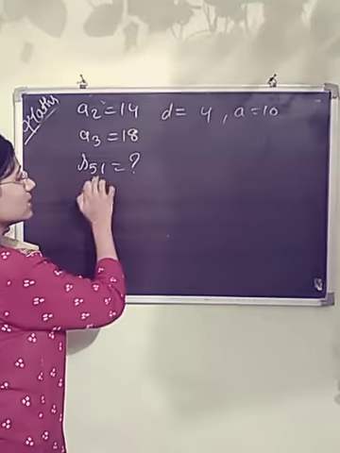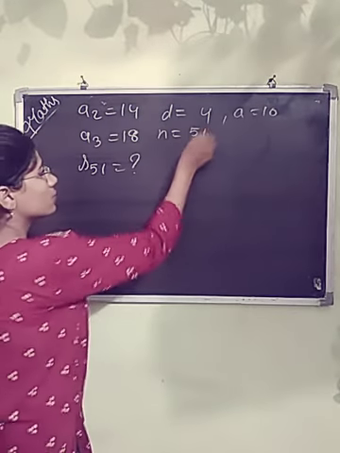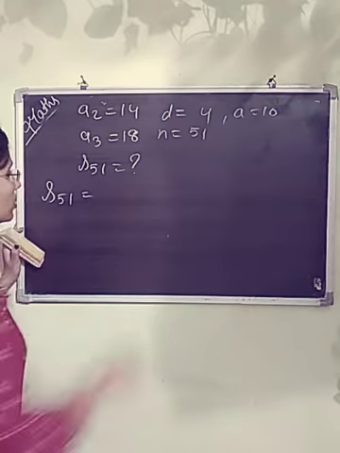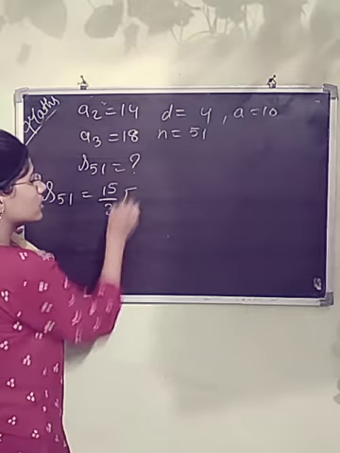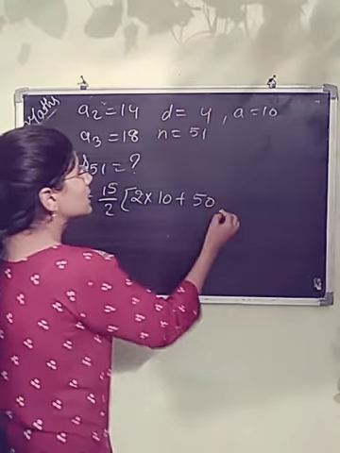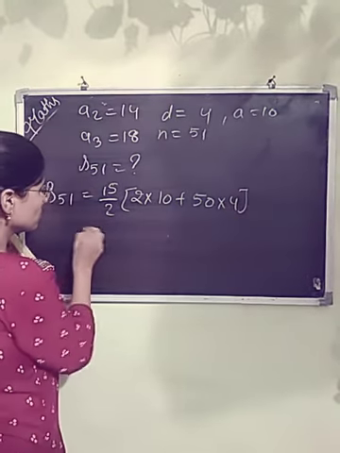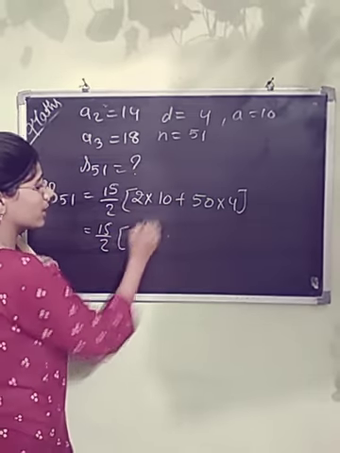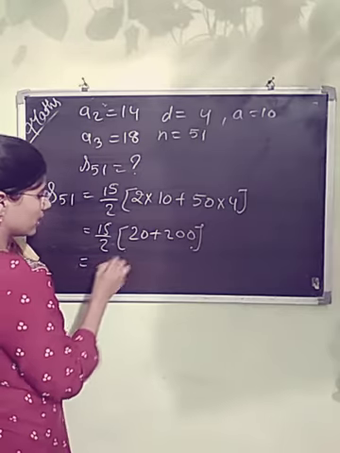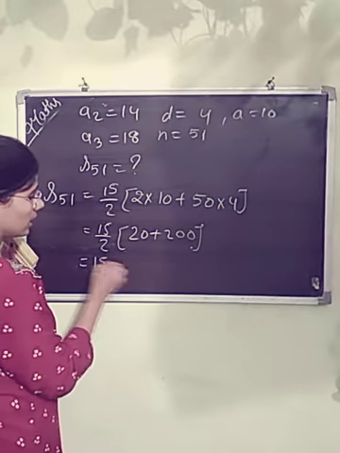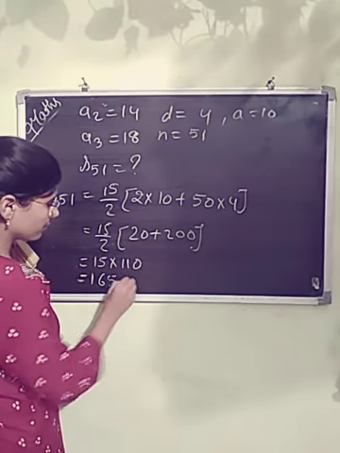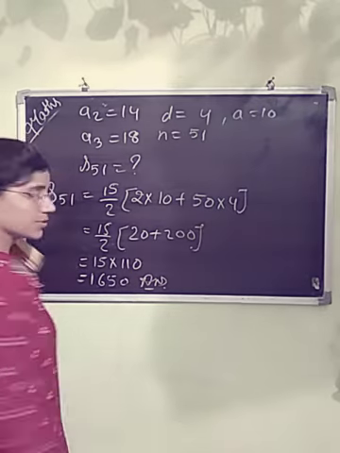Because as it is in hidden form, N equals to 51, so we can now directly use the formula S51 equals to 51 by 2 in the bracket, 2 into A which is 10 plus N minus 1, that means 50, and D is 4. 51 by 2 in the bracket, 20 plus 200, and it will be 220, and if you cancel with 2, it will be 110. Okay, and this will be the answer.